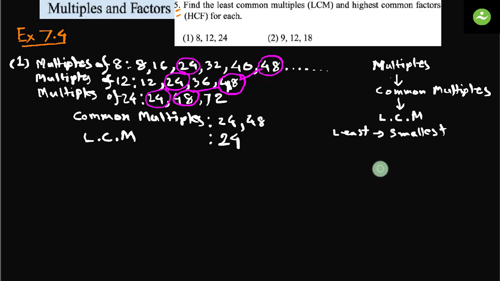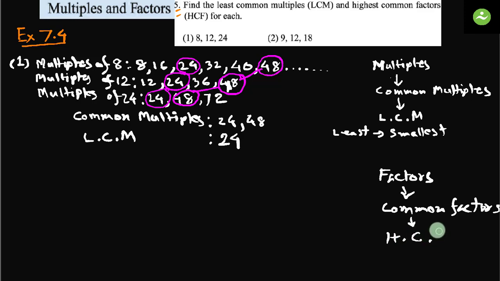First we find the factors, then we find common factors, and then we find highest common factor. By highest means largest or the biggest.